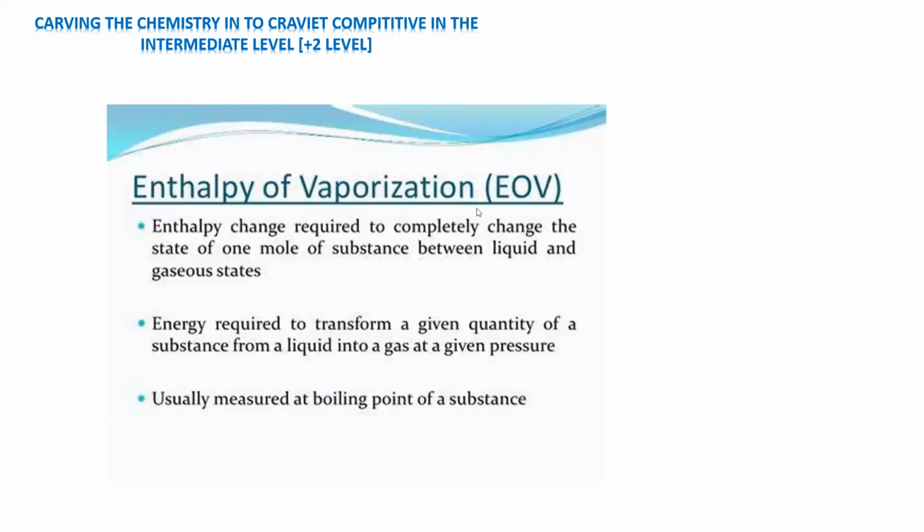Enthalpy of vaporization is clearly defined here: the enthalpy change required to completely change the state of one mole of substance between liquid and gas. The energy required to convert a liquid compound into gas for one mole of substance is its enthalpy of vaporization.